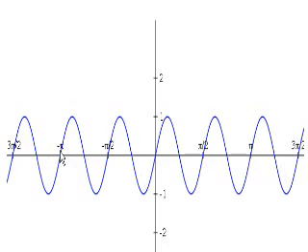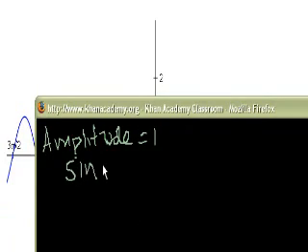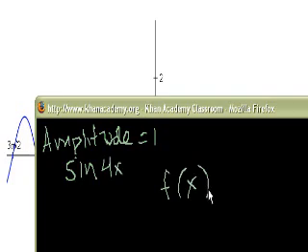Or we could actually start here, going from negative pi to pi. That's 2 pi radians. So we finish 1 cycle, 2 cycles, 3 cycles, 4 cycles. So then we know what the coefficient on the x term is. It's sine of 4x. So the answer here is f of x is equal to 1, because that's the amplitude, times sine of 4x.